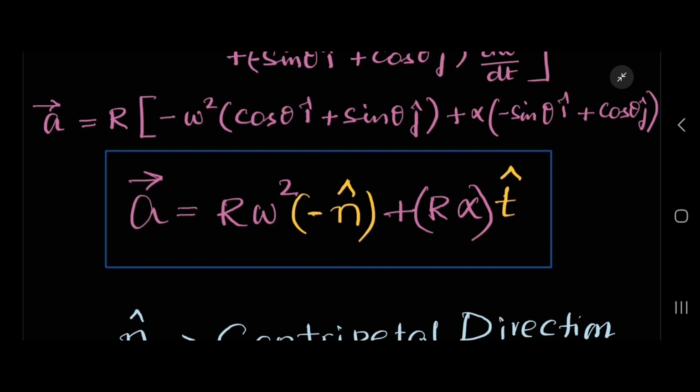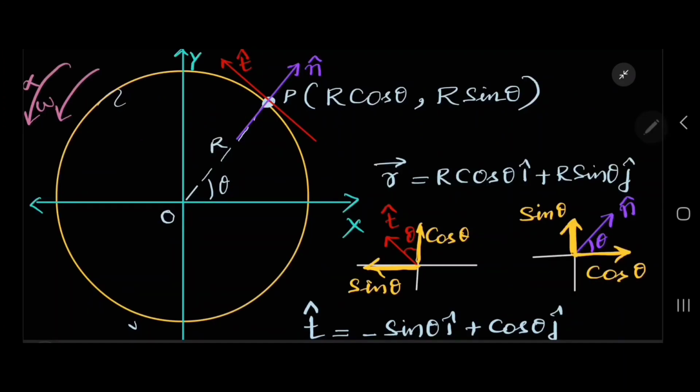If it is uniform circular motion, alpha is 0, there is no tangential acceleration, there is only centripetal acceleration. Whether it is uniform or non-uniform, what is common is centripetal acceleration. Without centripetal acceleration, there is no circular motion at all. And that centripetal acceleration is omega square r or v square by r. At every point, the velocity is perpendicular to the centripetal acceleration because centripetal acceleration is along the radius and velocity is along the tangent.